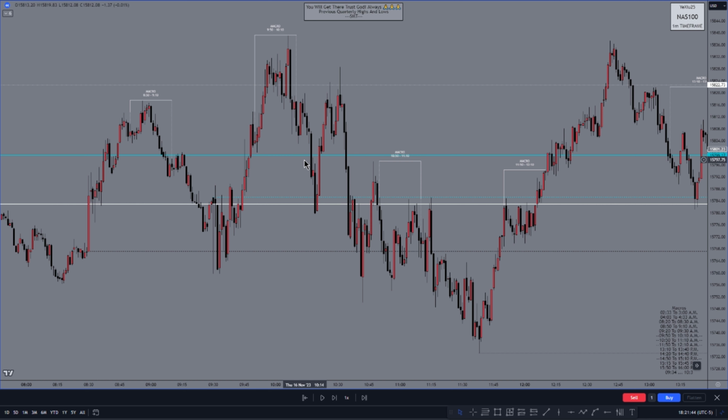But we have a breaker right here, and we are above the midnight opening and above the 9:30 opening. So this is not technically in discount. This is in premium. In reference to what?